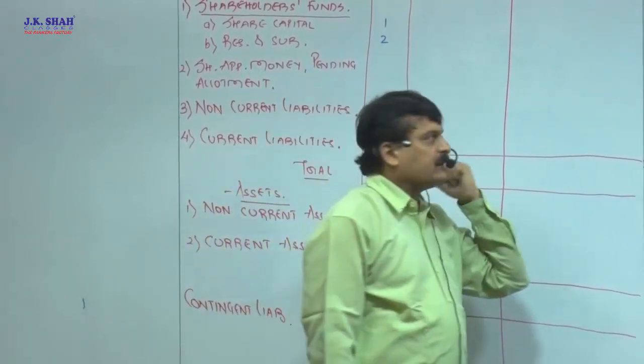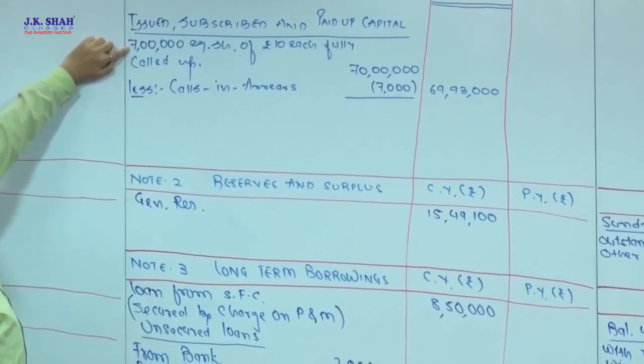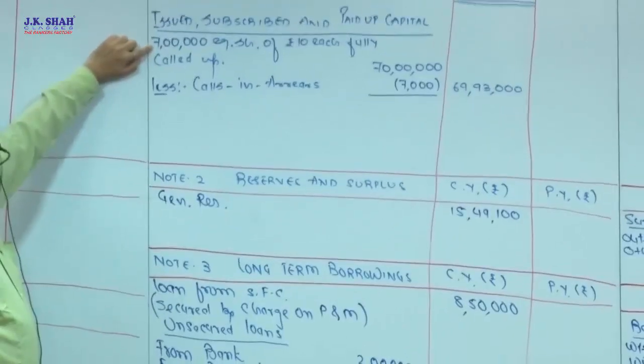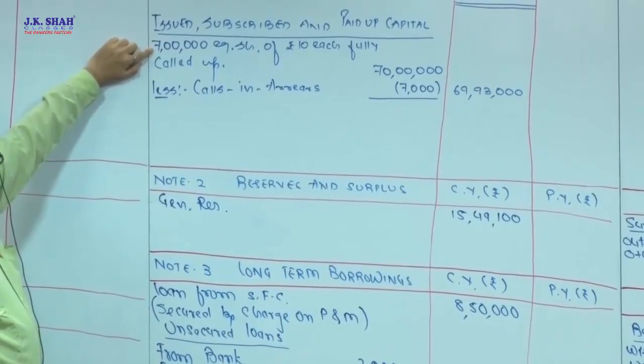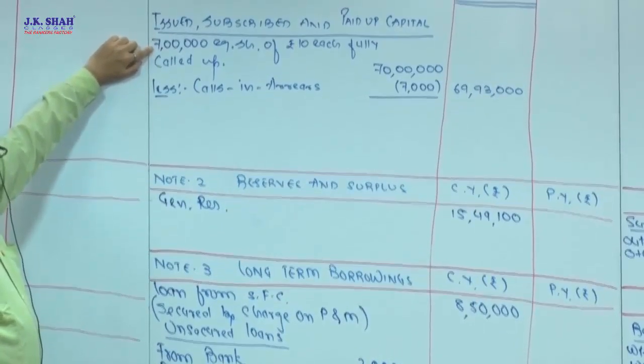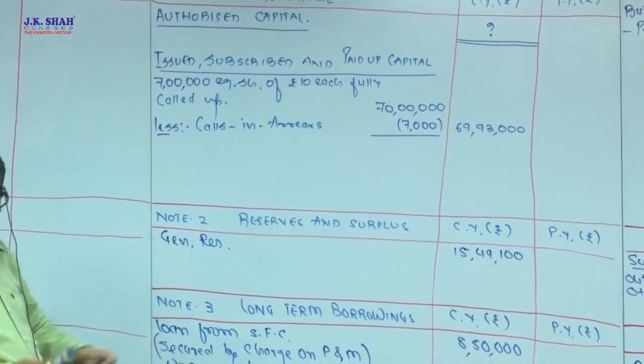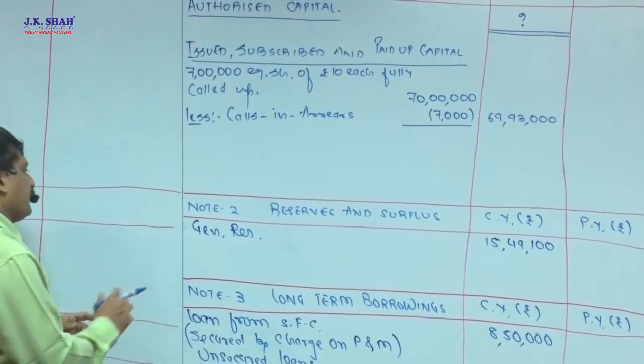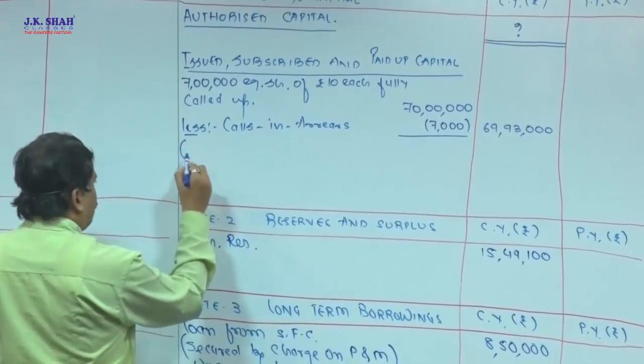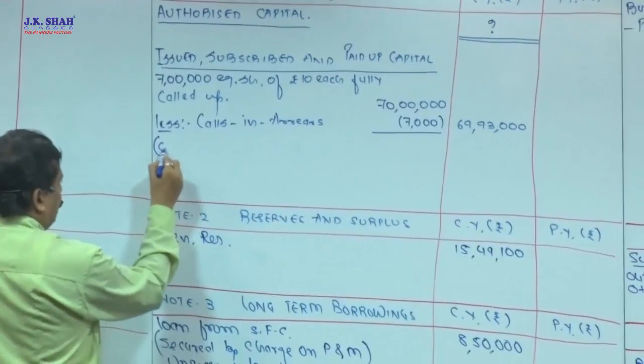Look at share capital. Totally how many shares are issued? 7 lakhs. Out of 7 lakhs, 4,20,000 were issued for consideration other than cash. Show it as additional information. Disclosure requirement. Write down in bracket.